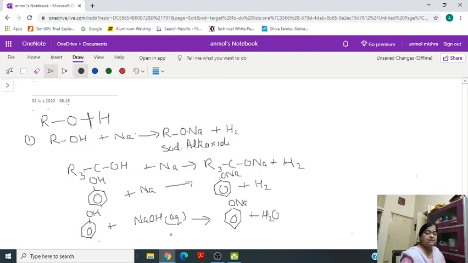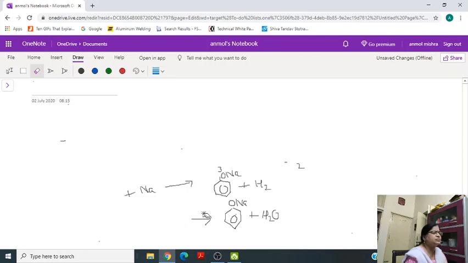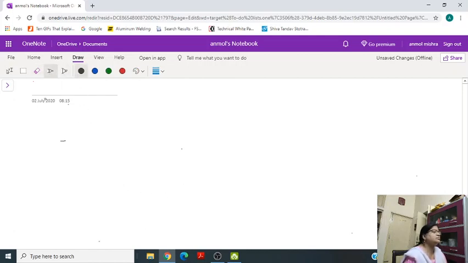Next is acidity of alcohol. Now, the acidic character of alcohol is due to the polar nature of the OH bond.